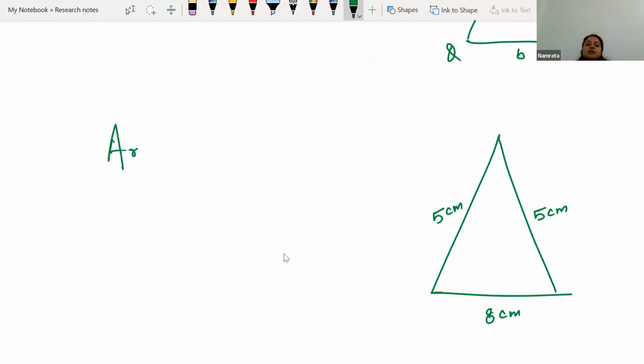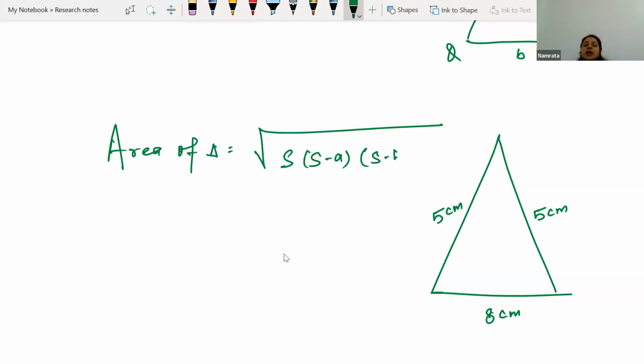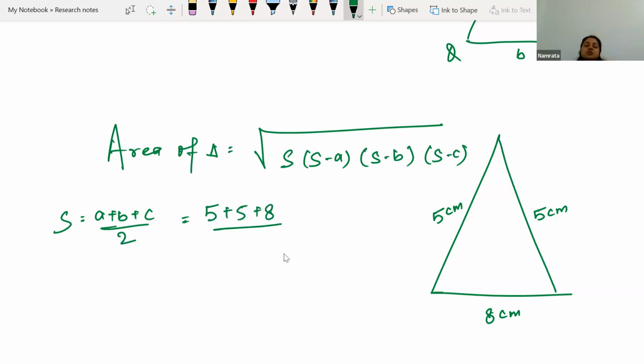Area of the triangle formula is under root s, s minus a, s minus b, s minus c. What is s? s means a plus b plus c by 2. What are a, b, c? They are nothing but the length of each and every side. So let's add all the lengths: 5 plus 5 plus 8 by 2.